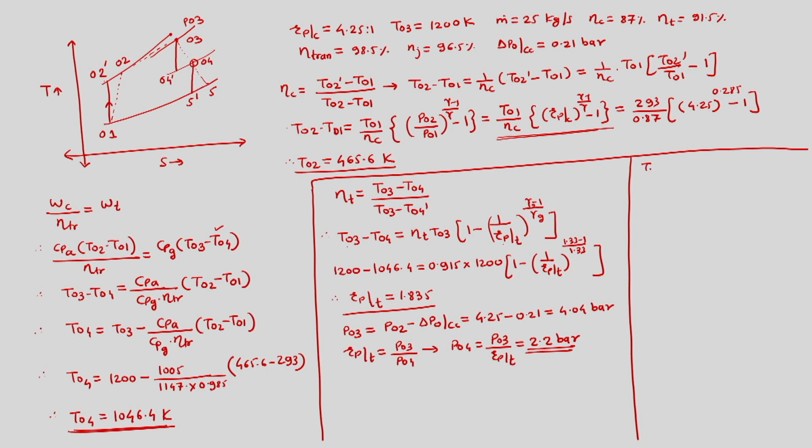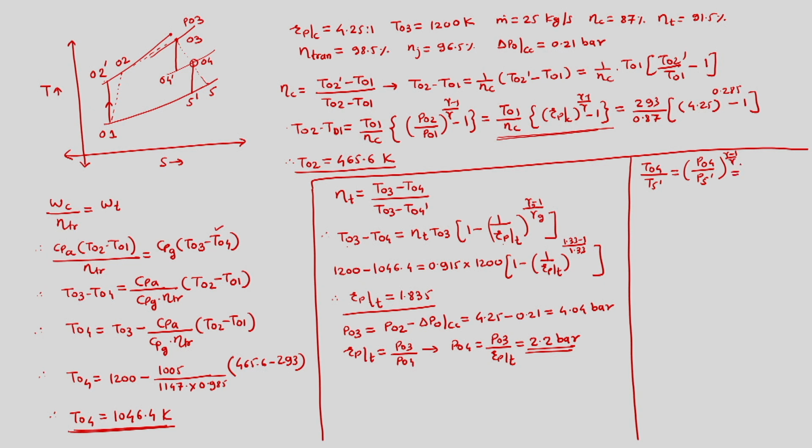We know that T04 divided by T5 dash is equal to (P04 by P5 dash) raised to (gamma minus 1) upon gamma, where this is gamma for gas.